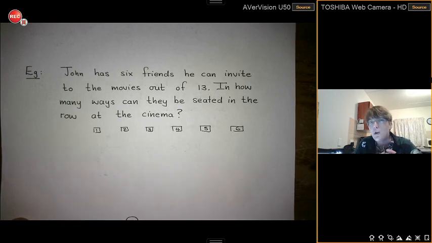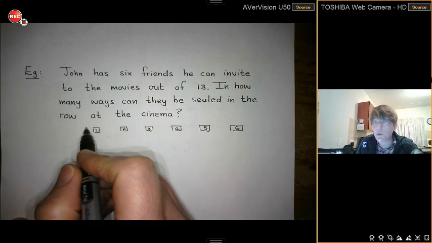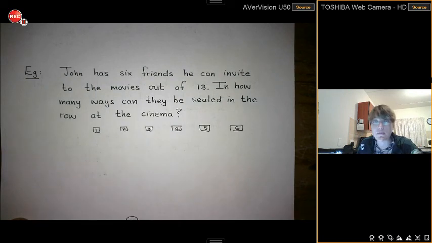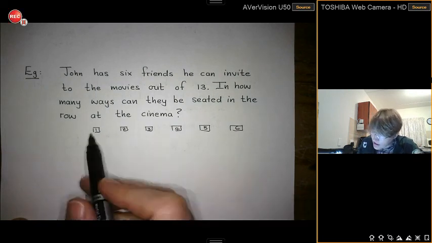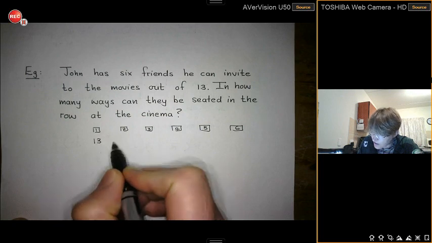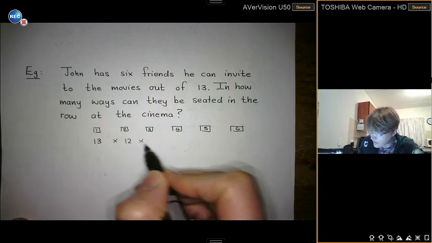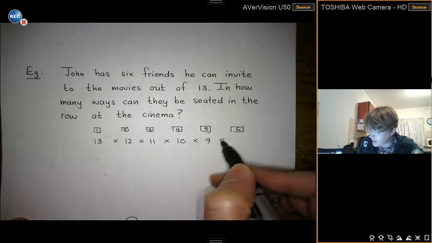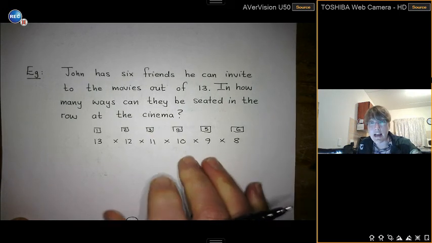So we're only looking at seating his 6 friends next to him. So he's there. So we're not worried about where John is sitting. We're just worried about those 6 friends that are sitting in a row. So obviously, because he has 13 friends available, we have 13 people we can put in the first seat, then 12, then 11, then 10, then 9, then 8. So you could do it like that.